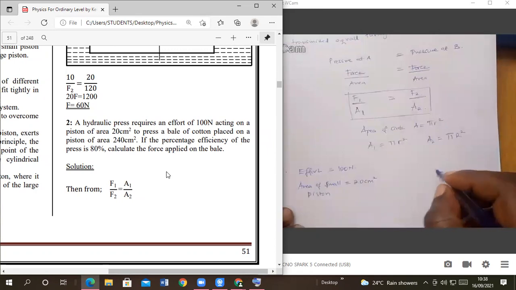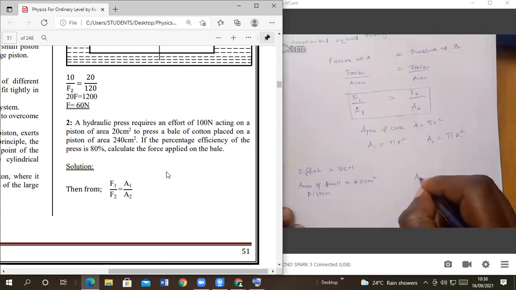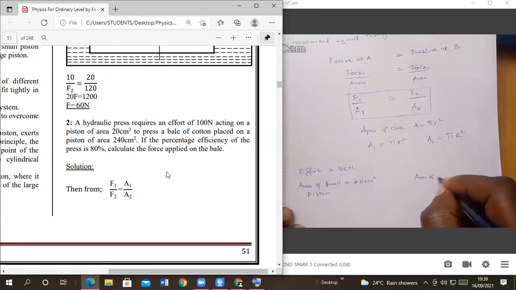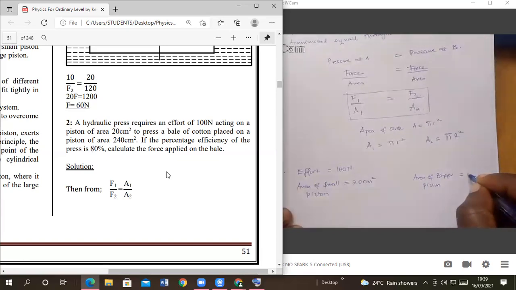So there is another piston here. So the area of the bigger piston is 240 centimeters squared.